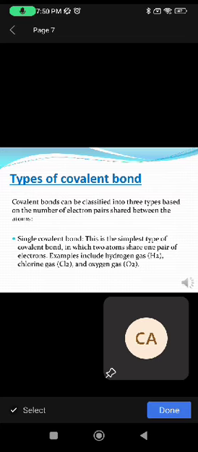In single covalent bond, two atoms share one pair of electrons. For example, we have hydrogen gas. They always share one pair of electrons. We have chlorine gas. They also share one pair of electrons.